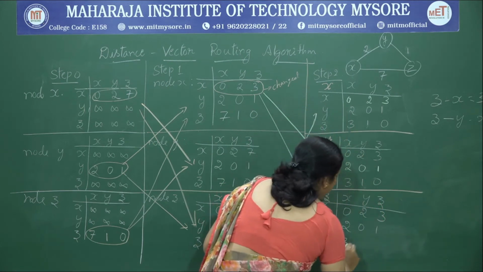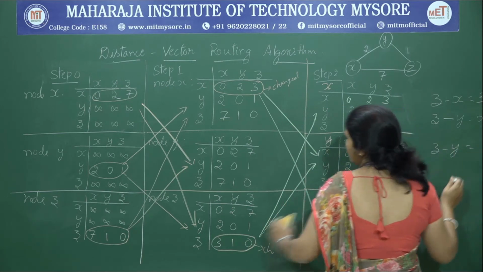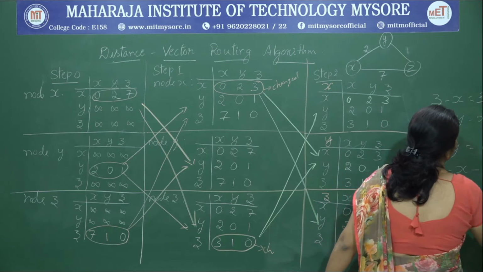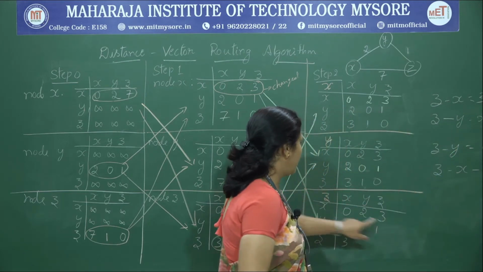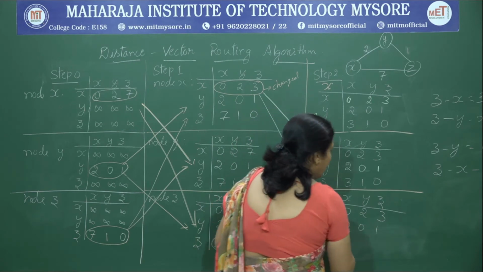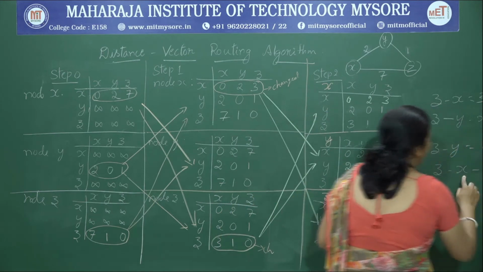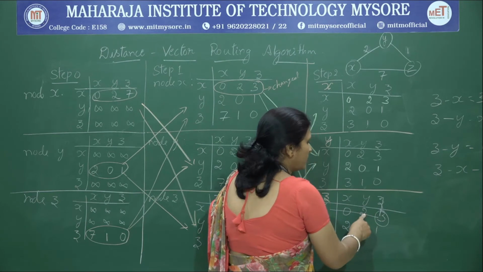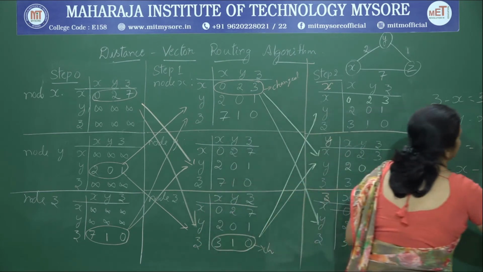So, it is 3. From z to y we had 1. Is there any other path? We have z to x and x to y. So, z to x it is 3. From x to y it is 2.